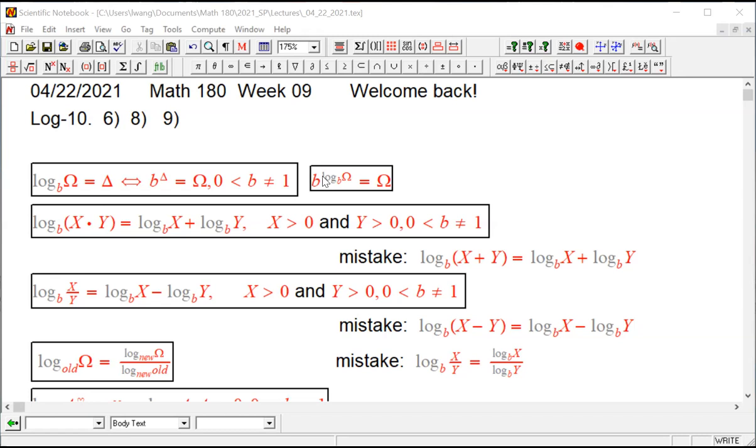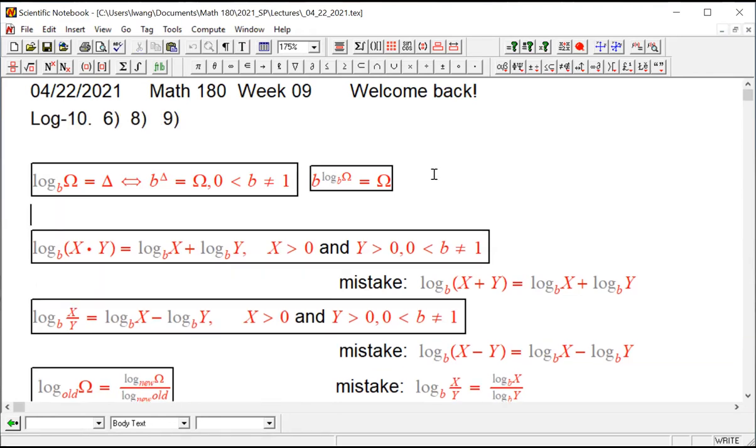And then we're going to come back to continue to work on log 10, okay? Everything started from here, actually.